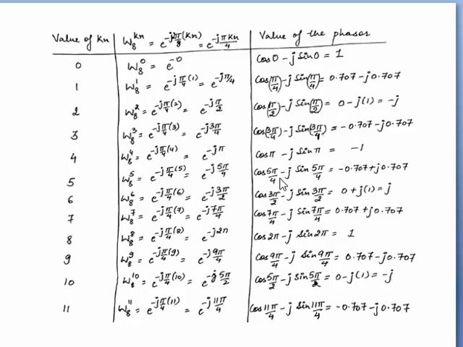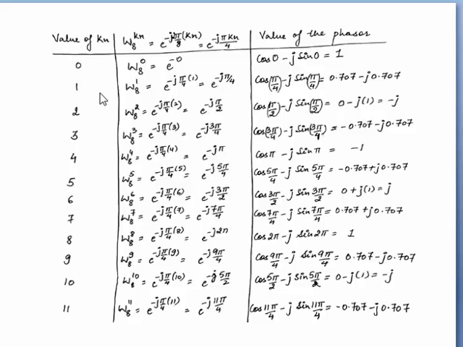If we observe this table, the twiddle factor 0 value is 1. In the same way, twiddle factor 8 value is 1. Twiddle factor 1 value is 0.707 minus j 0.707, and the twiddle factor 9 value is also the same as twiddle factor 1.